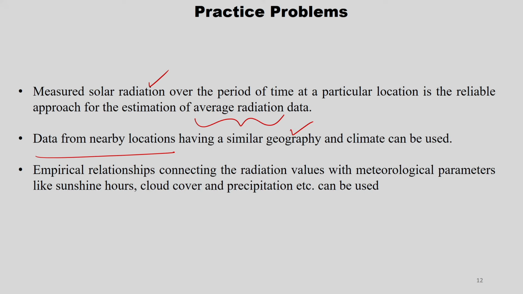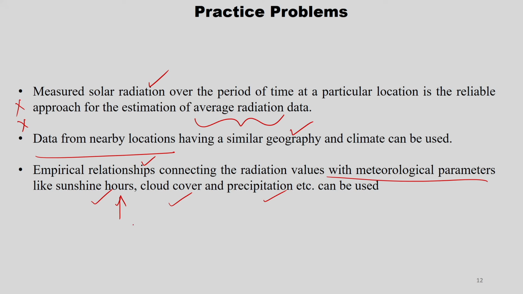If both are not possible, we use empirical relationships connecting the radiation values with meteorological parameters like sunshine hours, cloud cover and precipitation. But the more reliable one is sunshine hours.